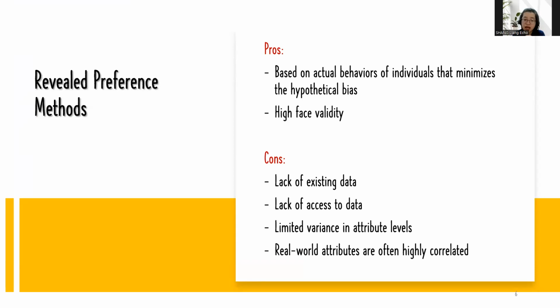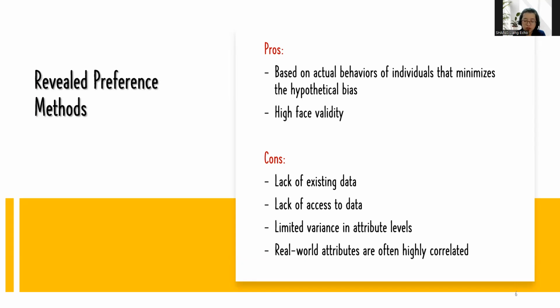It also has a high face validity because in most cases, we will choose the option that generates the greatest benefits or utilities for us rather than an option that generates less benefit than others.